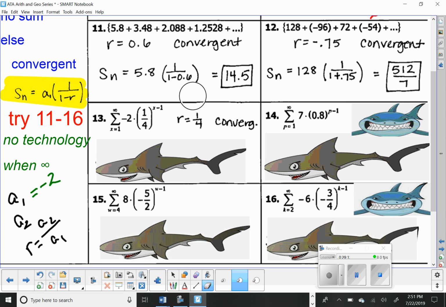Then I came along and said, great, now I'm going to make n 2. So I've got -2 times 1/4 raised to the 2 minus 1. 2 minus 1 is 1, so that's -2 times 1/4, which is -1/2.